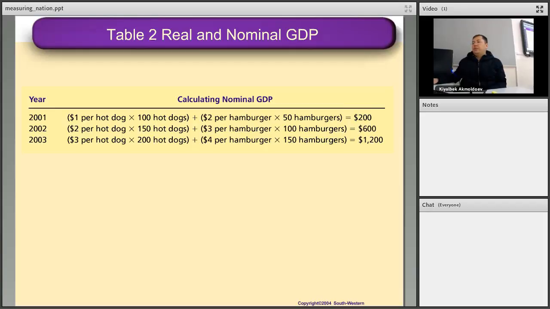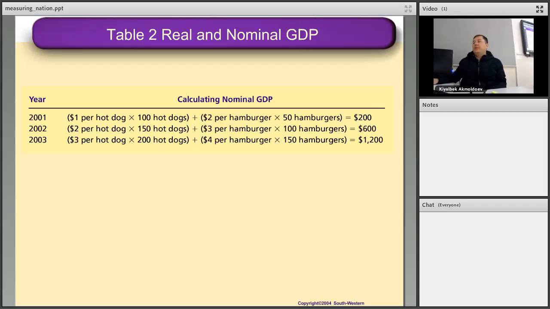So in 2001, what happens? Price of hot dog multiplied by quantity of hot dogs plus price of hamburger multiplied by quantity of hamburgers is $200. So we can say that in 2001, GDP of Kyrgyzstan, let's say, was $200. 2002 is the same formula, and our GDP is 600.